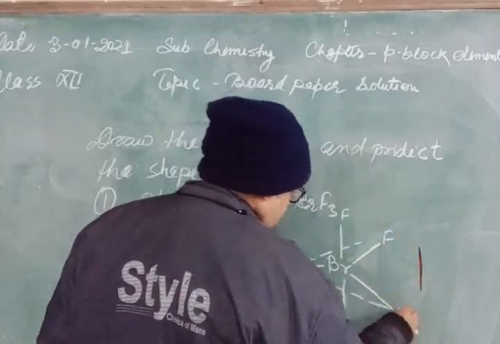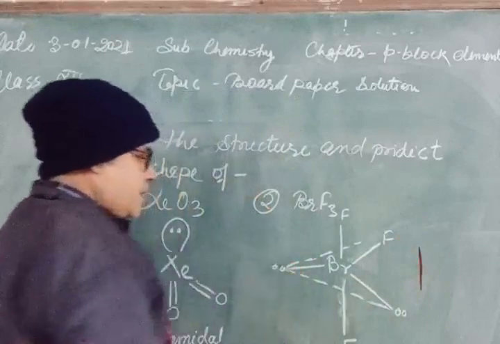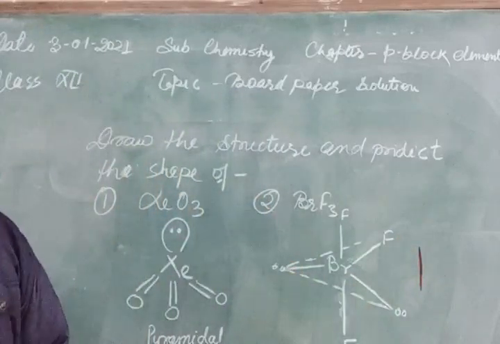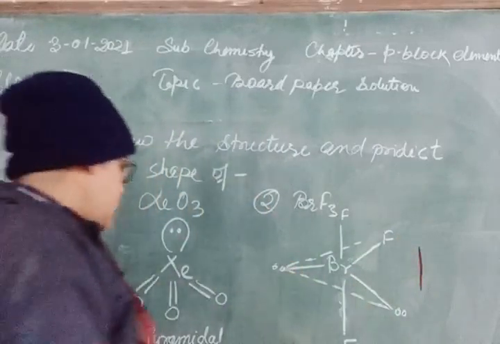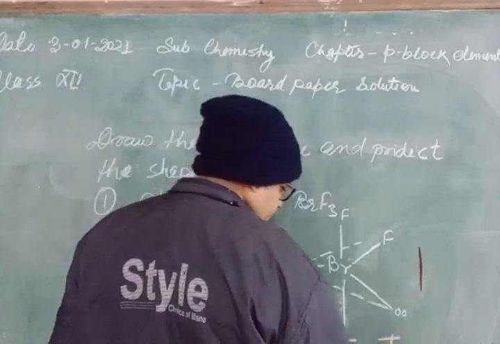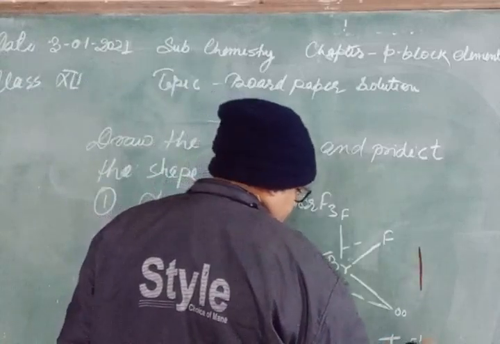Here is a lone pair, here is a lone pair. Thus you can say it is a T-shaped structure.